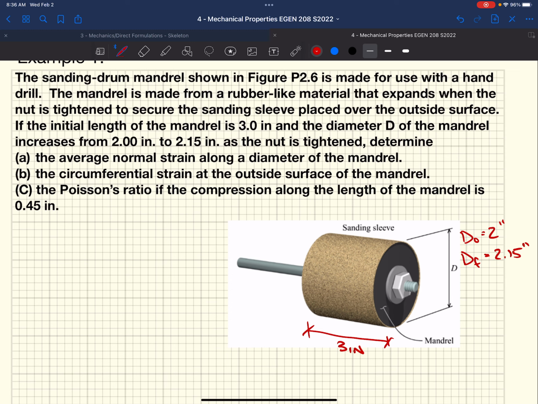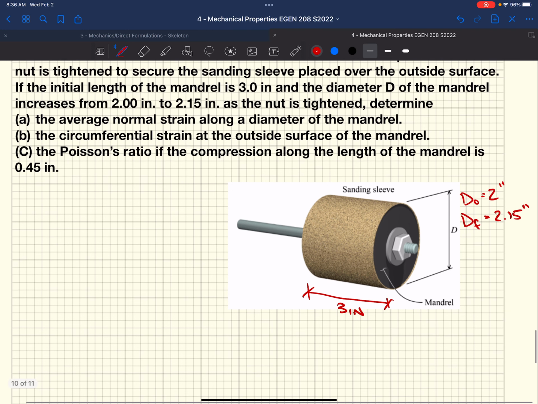And they ask us for the average normal strain along a diameter of the mandrel, the circumferential strain at the outside surface of the mandrel, and the Poisson's ratio if the compression along the length of the material is 0.45 inches. What does that mean?